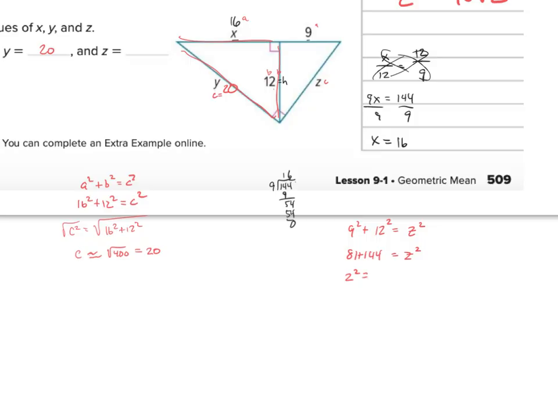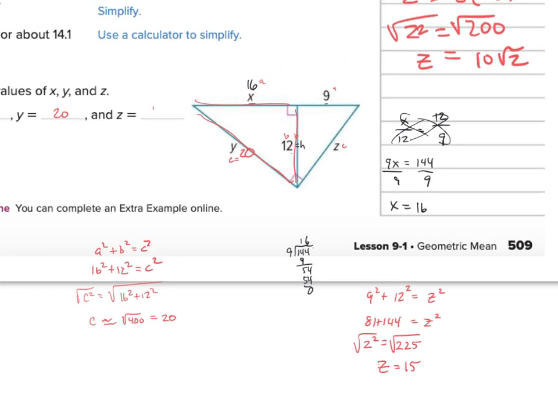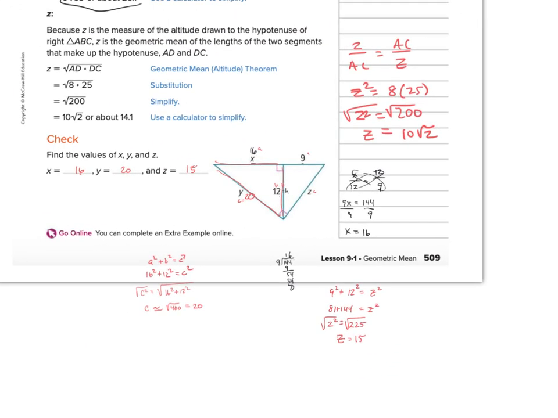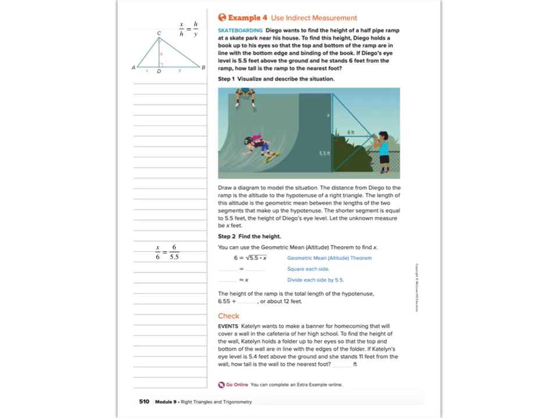Z squared then is equal to 225. Find the square root of both sides, and Z is equal to 15. So there you go, using the Pythagorean theorem and just knowing that one geometric mean for the altitude of a right triangle, it answers all of that. Just do some cross product property and go with it.